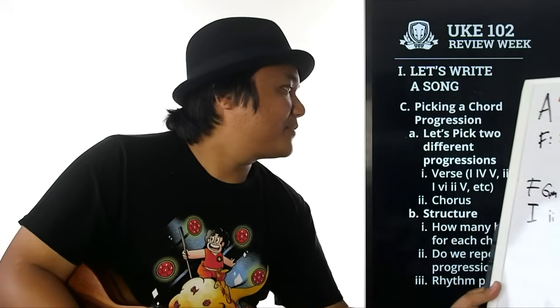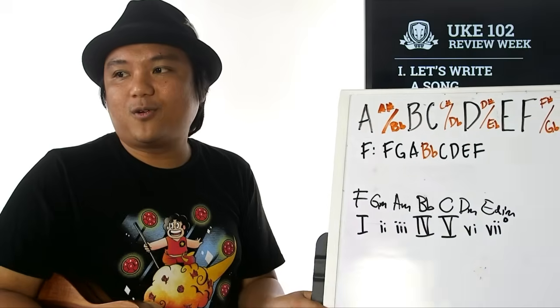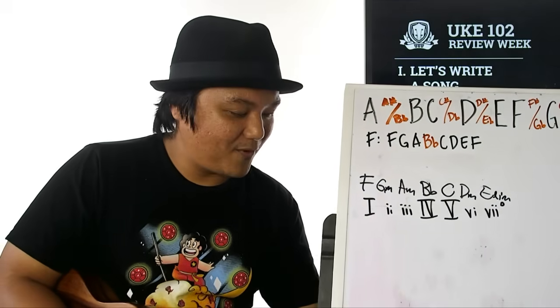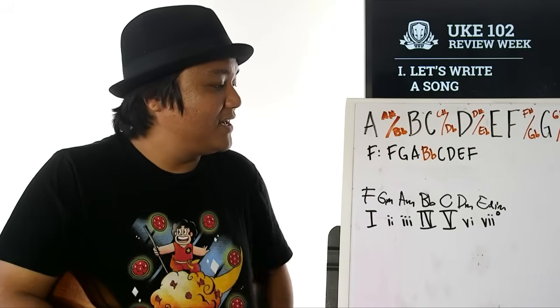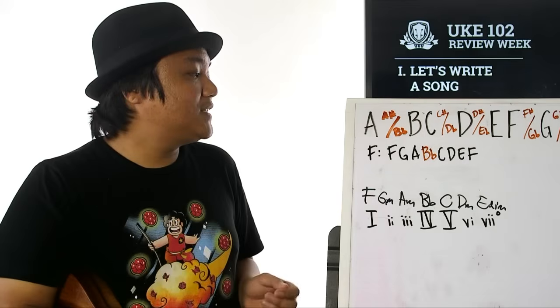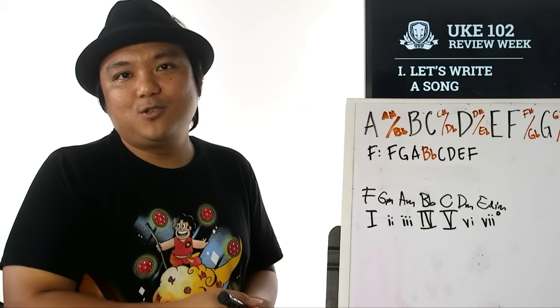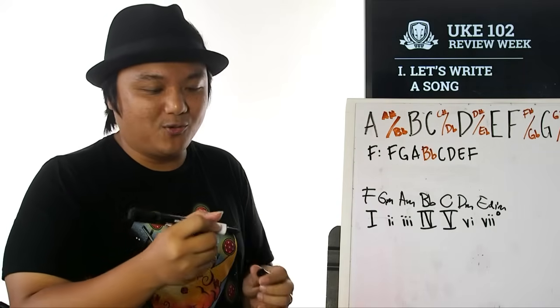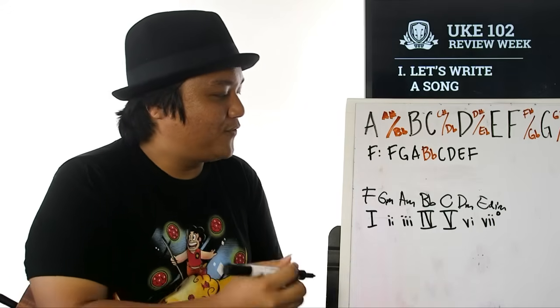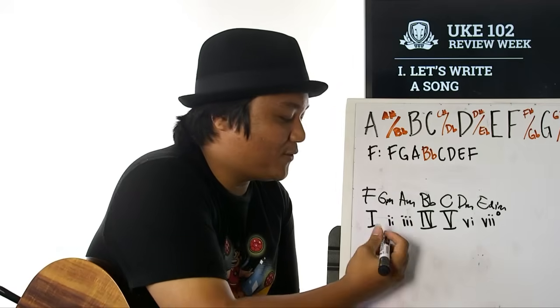So let's pick two different chord progressions from our key and our chord family. Let's do 1-6-2-5. 1-6-2-5 seems like a good one. Here is our chord progression for our verse.